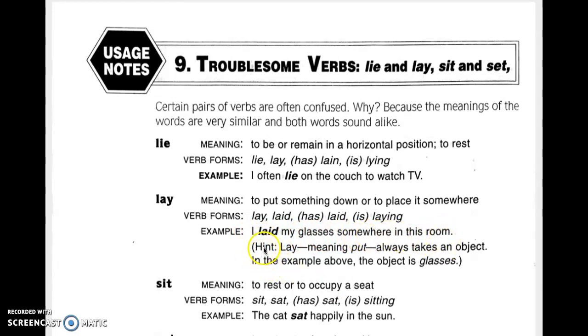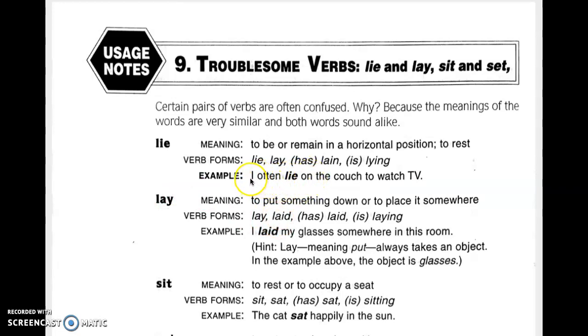All right, so a hint. Lay means put, and it always takes an object. You always need an object that's being laid. In the example above, the object is glasses. So something always needs to be laid, or you need to lay something. On this one, lie, there is no object in the sentence.